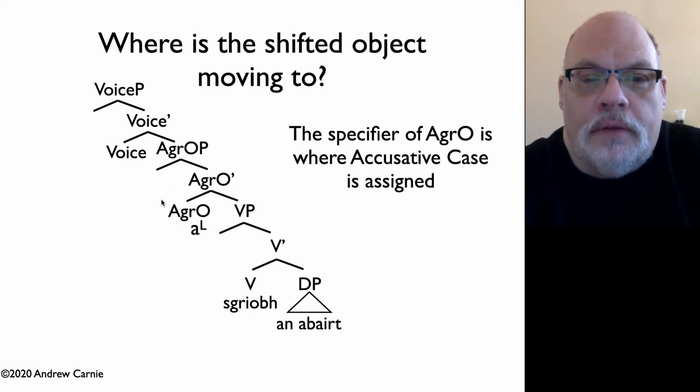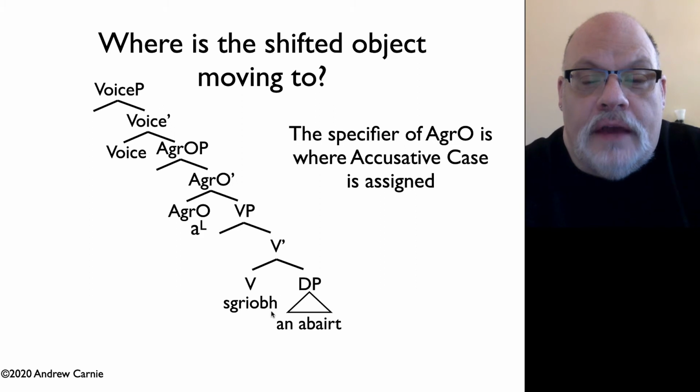So here's what we're going to propose, that there is in fact a category AgrOP, or object agreement, that is associated with objects. And in particular, it's the position which is associated with accusative case. So this position right here is the position of accusative case.